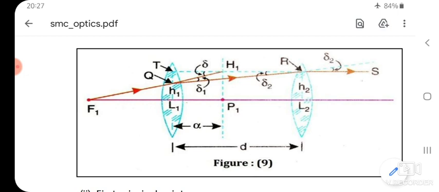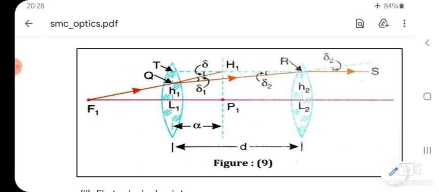This gives alpha is equal to F1 D divided by delta, or alpha is equal to plus F D divided by F2. Okay.